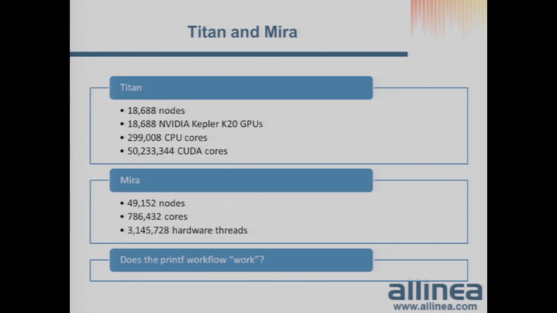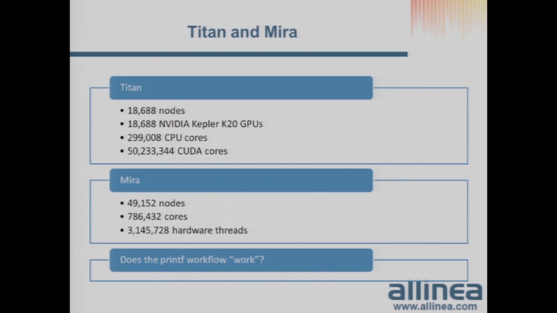Especially if we now turn and look at Titan and Mira. They're rather large. So 18,688 nodes. You don't have to use all of those, but even if you're on those machines, you're going to be using a reasonable number. And even if you're not using the GPUs, of which there are a lot, you could still be using up to 300,000 CPU cores.